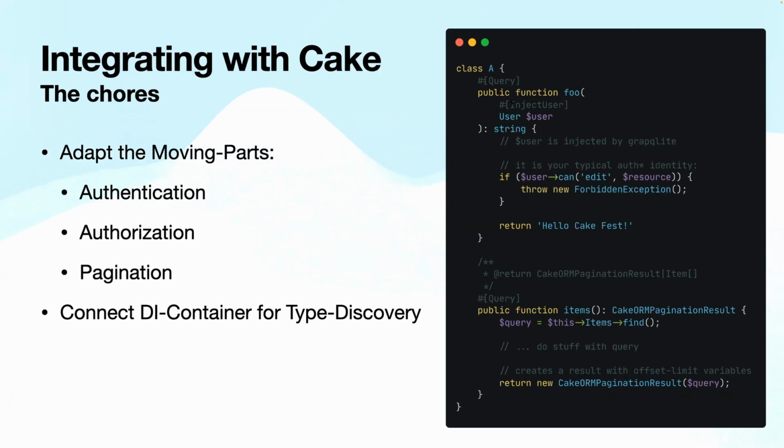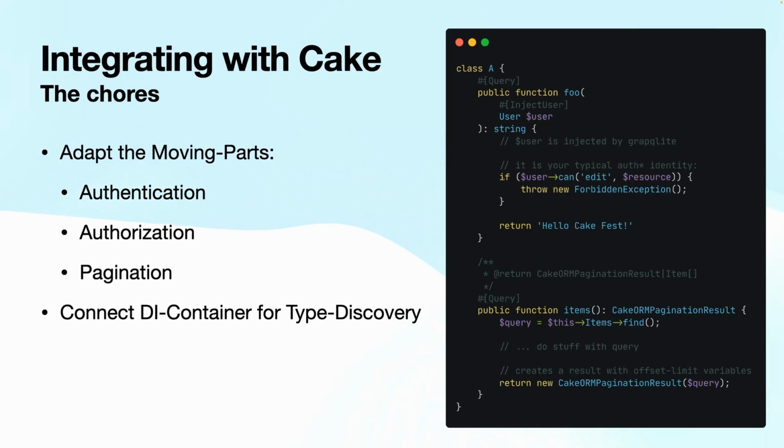First of all, you get this #[InjectUser], which will query the authentication service that we have adapted and give you the user, or the identity for lack of a better word, that is in your authentication service and throw it in a function, because obviously this is GraphQL and you don't necessarily have access to the request there.